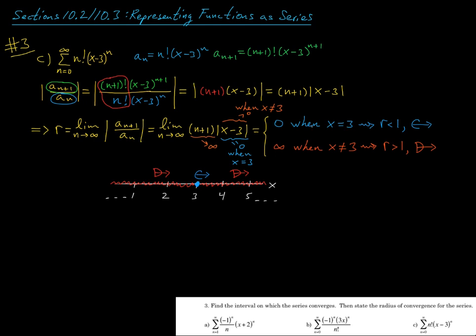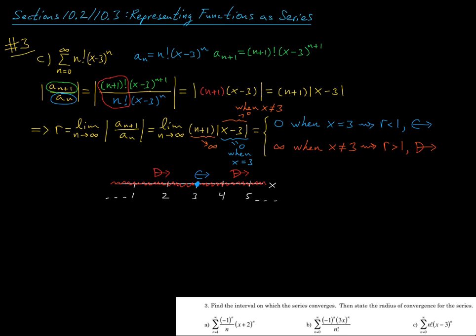All right, so the ratio test implies that when x is equal to 3, since r is 0, in particular, it's strictly less than 1, so this series converges. Now, when x is not 3, r is infinity, so in particular, it's strictly greater than 1, and so this series diverges. And I've illustrated that here on the number line.